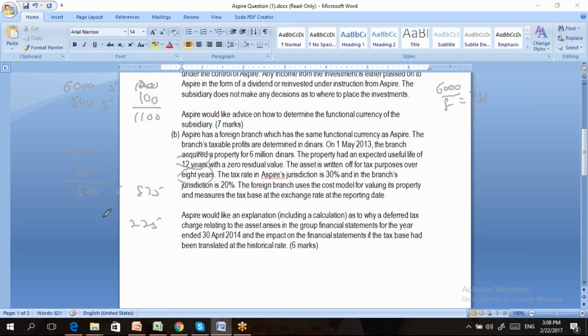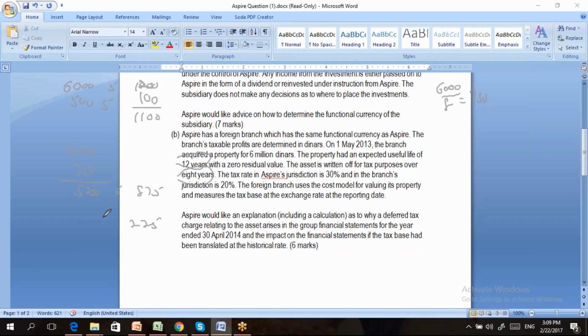So the temporary tax difference: the asset base will show 1,100 because the asset is converted at the spot rate, non-monetary asset. The tax base we go on the basis of the liability, therefore we go by the closing rate, and now we have 1,100 minus 875. 225 is our temporary tax difference.